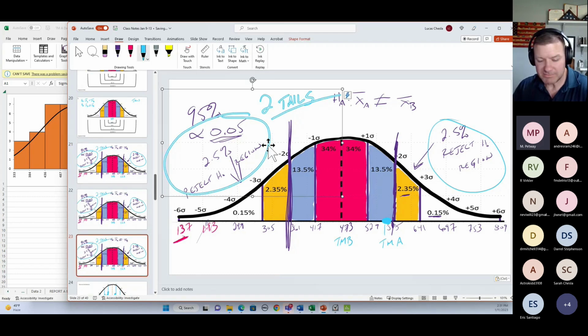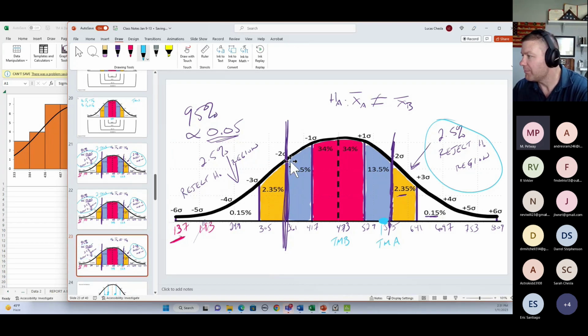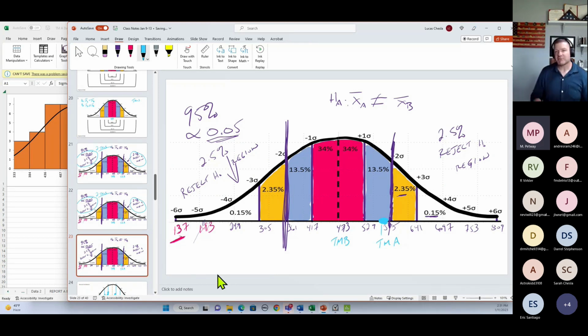Now what happens though? Should have copied it beforehand here. So well, let's take a look at the same thing and we go, okay, but there's 5% to be rejected, right? The 5% rejection region based on what we chose.